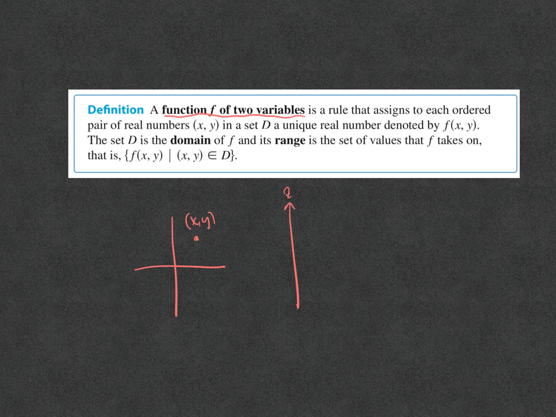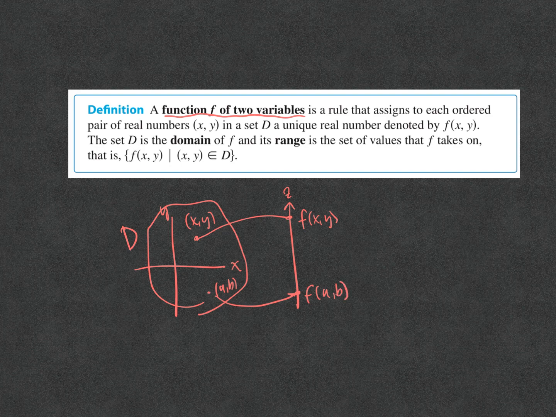So we're going to call this our z line here, and it gets mapped over here to f of x, y. The set D, so over here we have the set D, and that's everything that we have in here. So down here we could have a comma b, and it gets mapped to f of a, b.